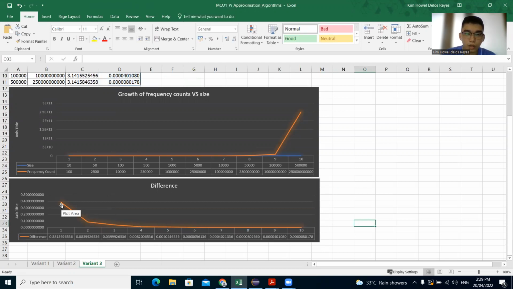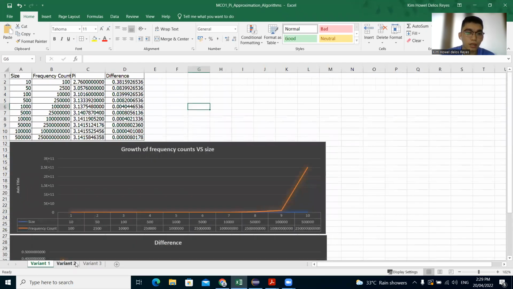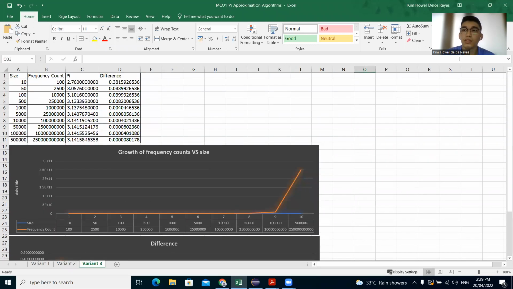As we can observe here, same as variant 1, as we increase the input size, the difference tends to be lower. Okay, so that's all for the pi approximation algorithms.